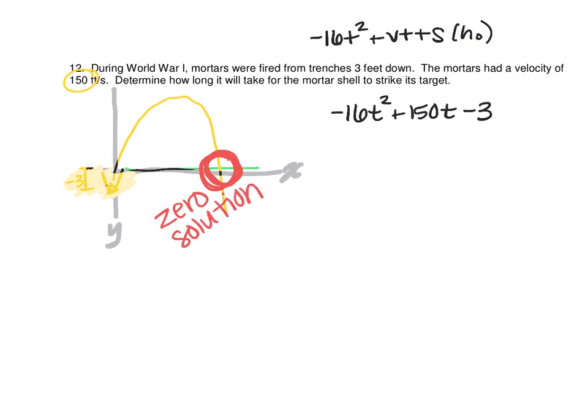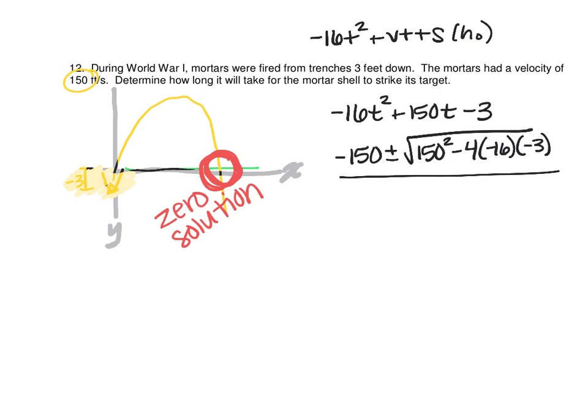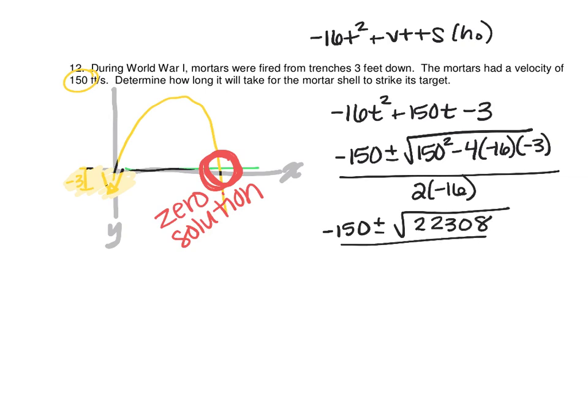So I'm going to use the quadratic formula. So negative 150 plus or minus the square root of 150 squared minus 4 times negative 16 times negative 3 all over 2 times negative 16. And again, I'm going to break this up by doing the inside first. So this becomes negative 150 plus or minus the square root of 22,308 over negative 32.